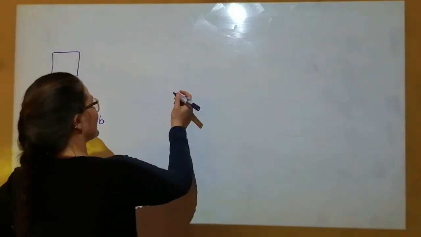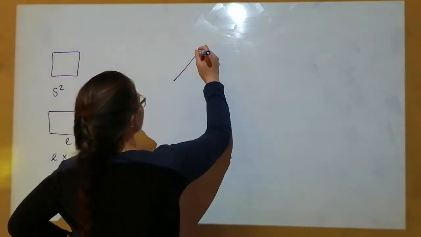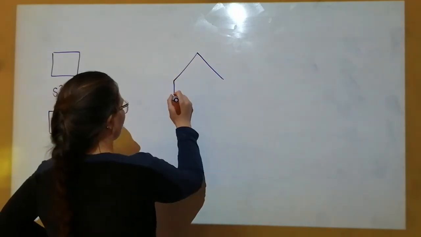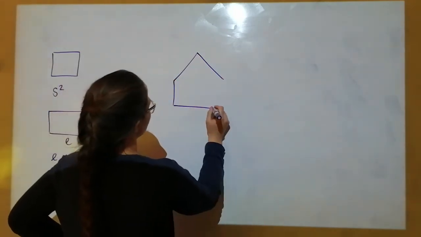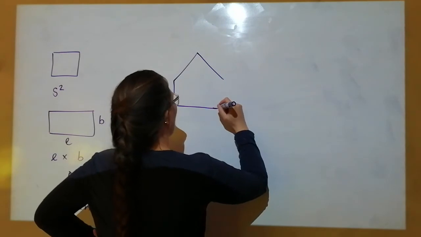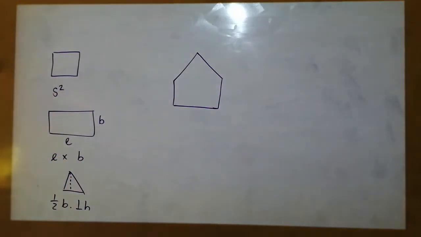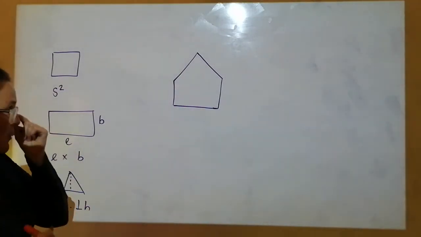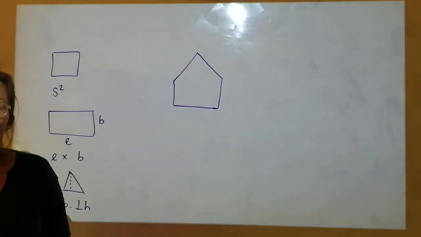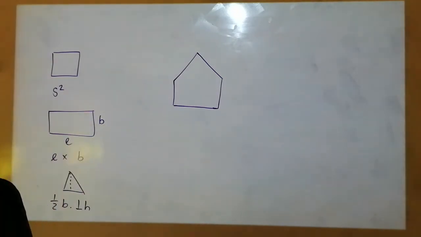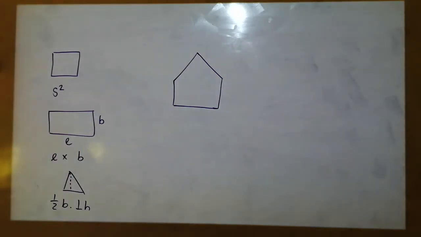So for example, a pentagon, which is a 5-sided shape, looking like this. How do we find the areas of different shapes? How we do that is from one vertex to another, we see how many triangles we can draw without crossing lines.